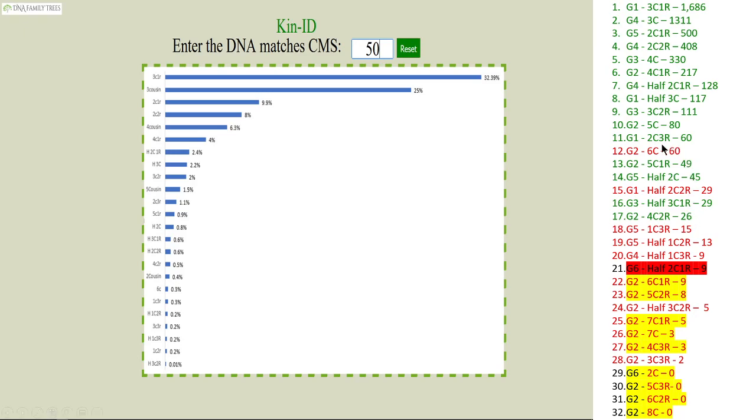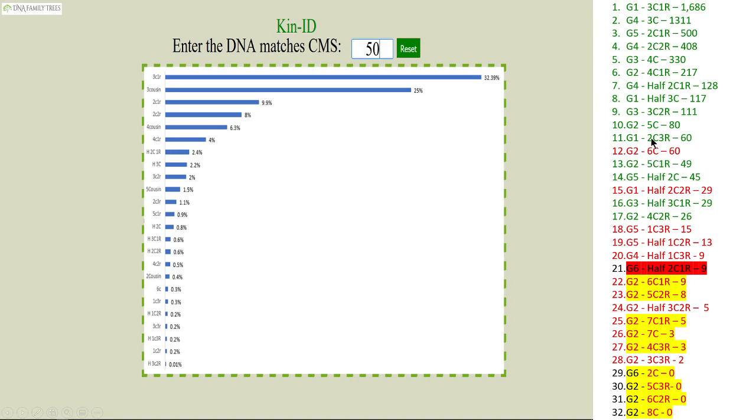But for the most part, look at the first 11 right here. The first 11 numbers: 1, 2, 3, 4, 5, 6, 7, 8, 9, 10, 11. So from here up, it's exactly the same type of results as what you got here. These numbers aren't the same, but they're in the same order as over here.